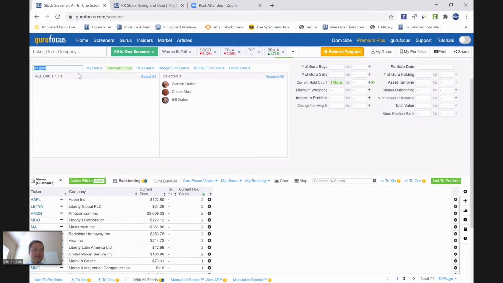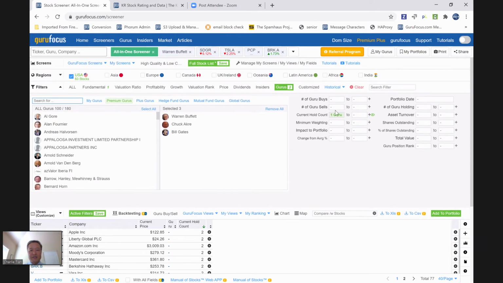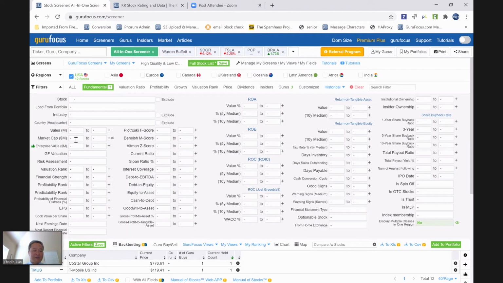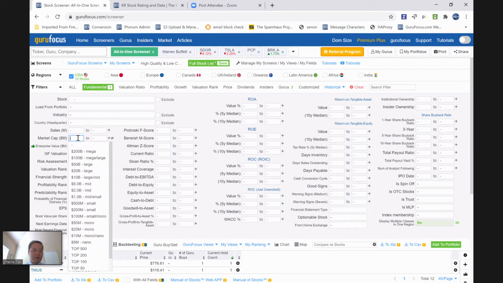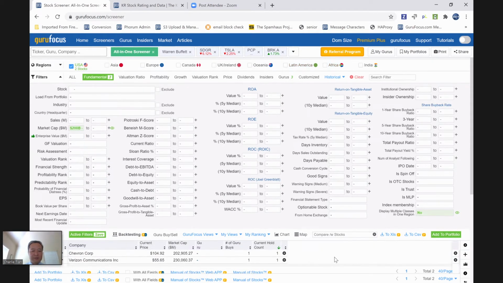You can always search here for your guru name, and then you can find their common holdings. You can also check, for instance, that at least one guru is buying the stock, and you can combine it with other fundamental parameters. For instance, I want a company with at least a 200 billion market cap.